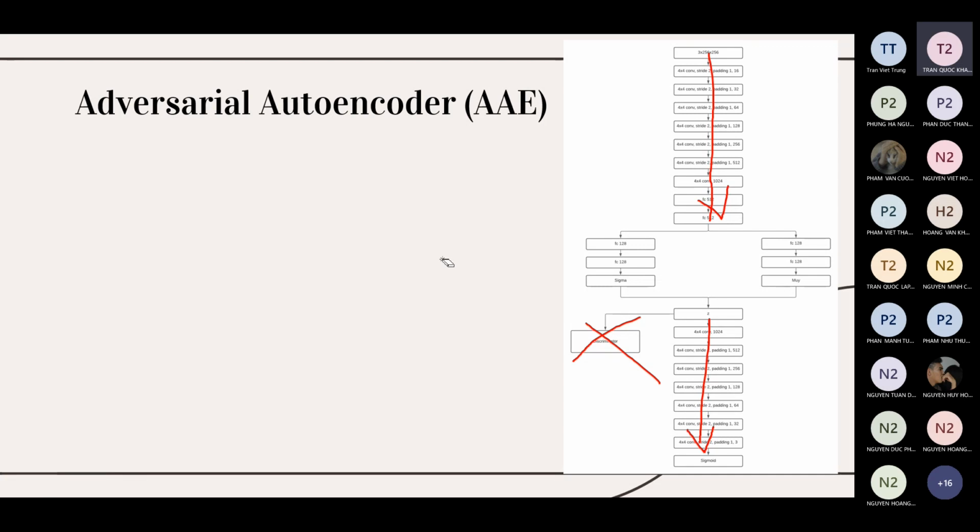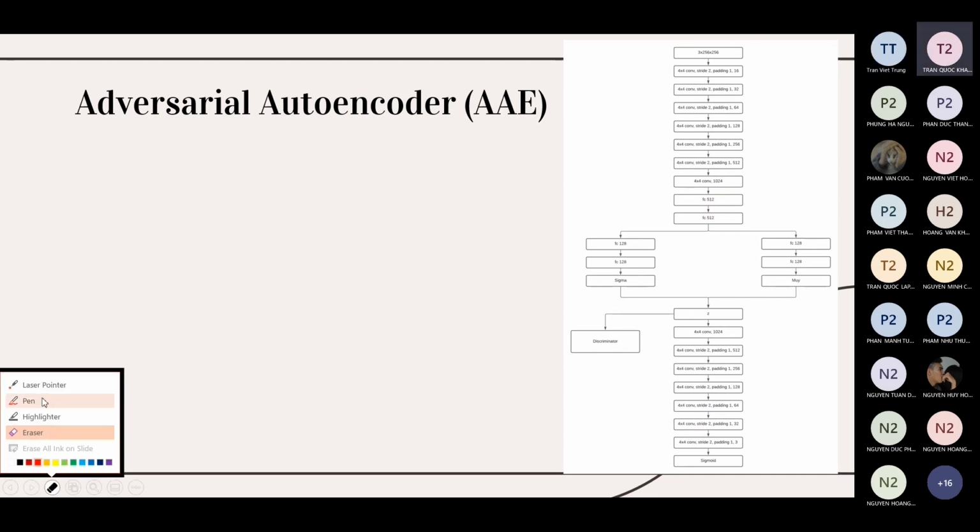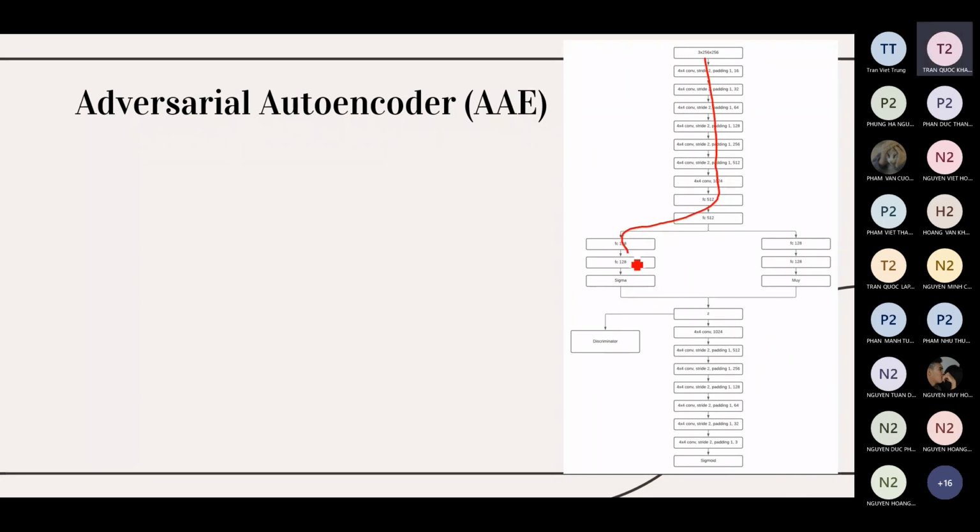And the second phase is the regularization phase. It means that we will train the discriminator to distinguish the latent generated by the encoder and the normal distribution.